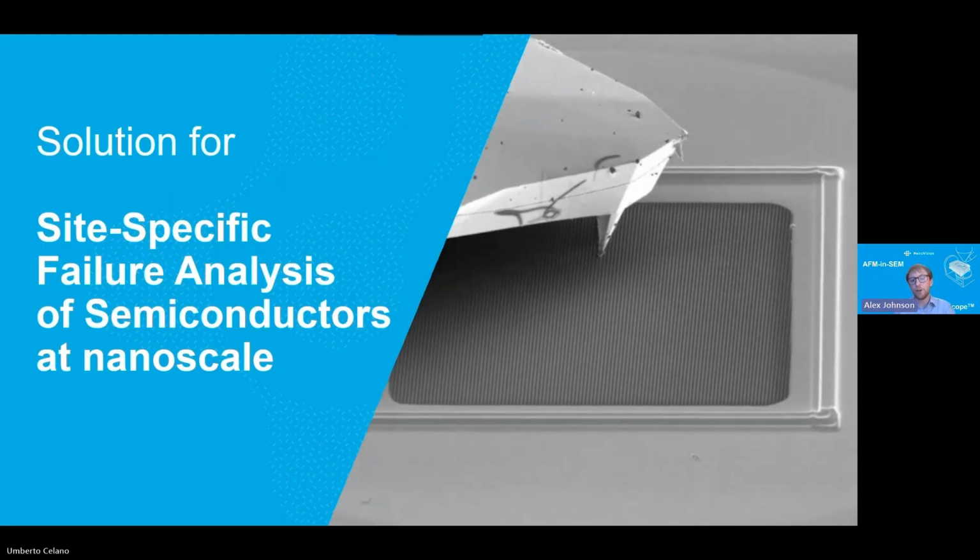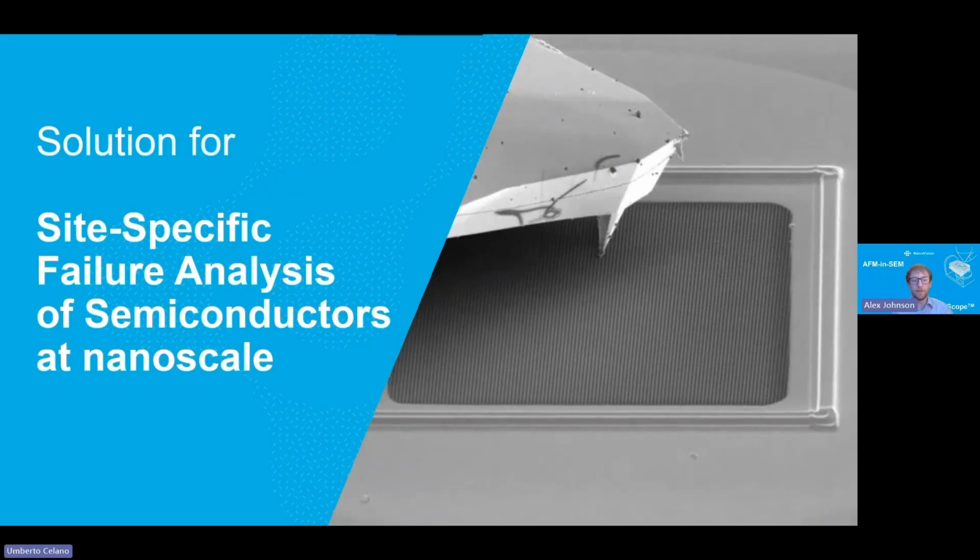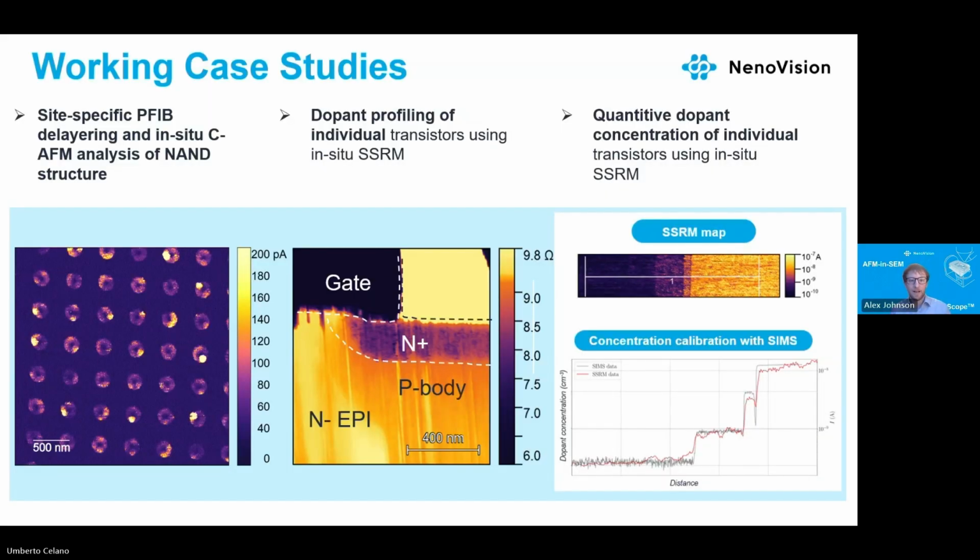And now we will focus on some of the workflows that we have developed for site-specific failure analysis. A few different working cases. Number one being site-specific PFIB delayering with in situ conductive AFM to analyze NAND structures and for fault finding.